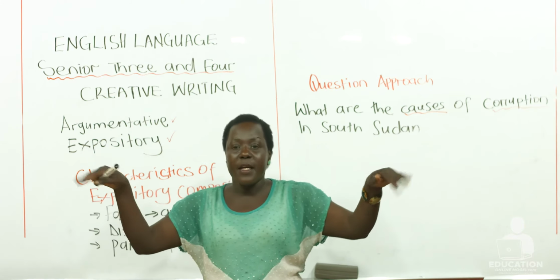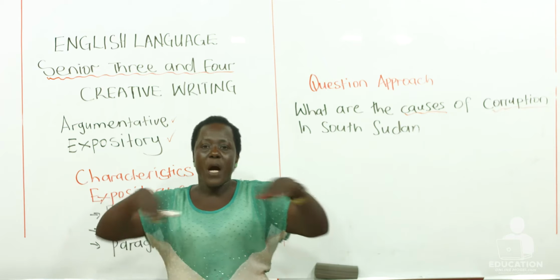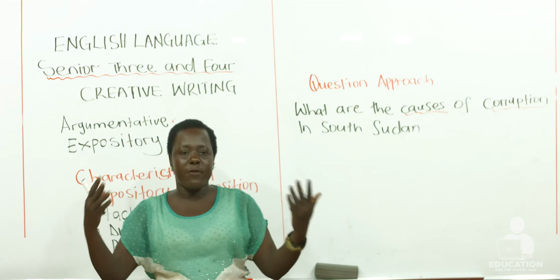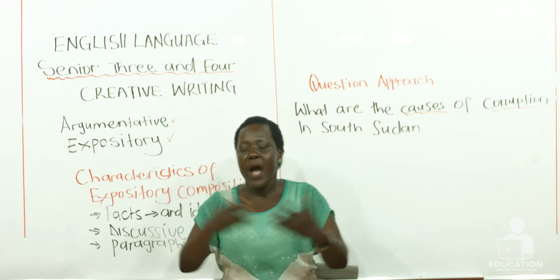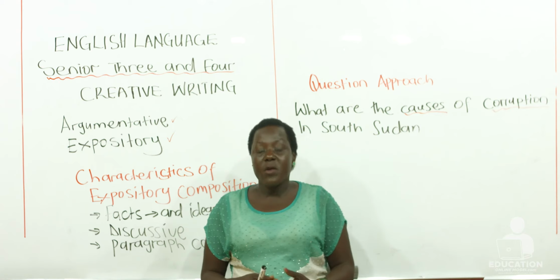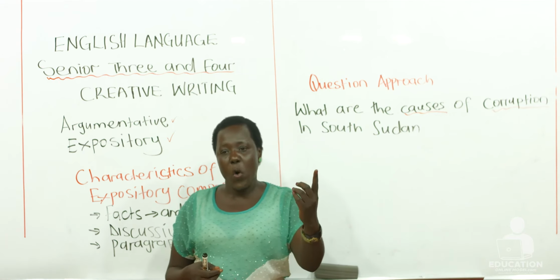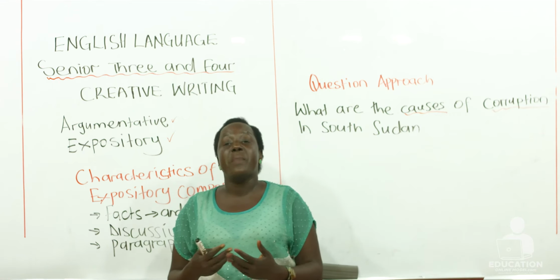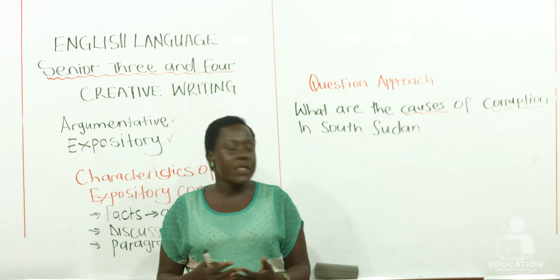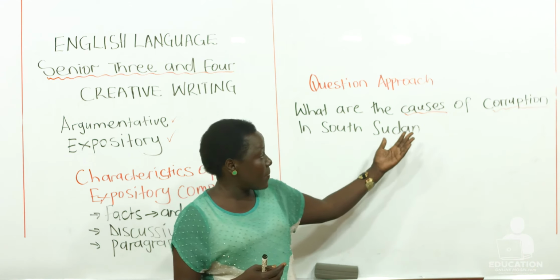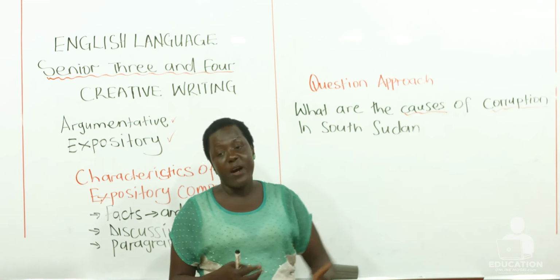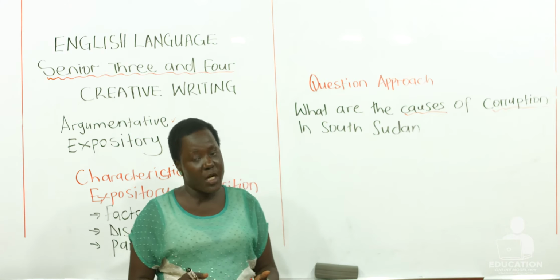That's why they end up grabbing all the lands, all the wealth, all the fuel revenue, and even other resources from the others. Then you can go ahead and say, for example, many government officials were interdicted because of corrupting money from the government revenue treasury.